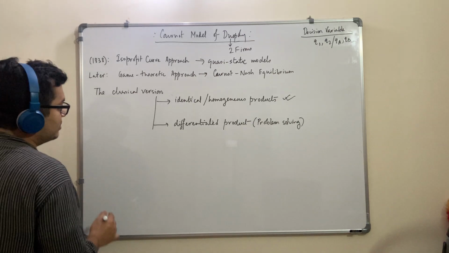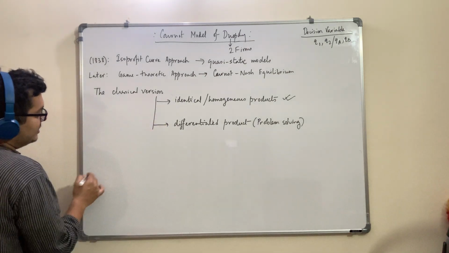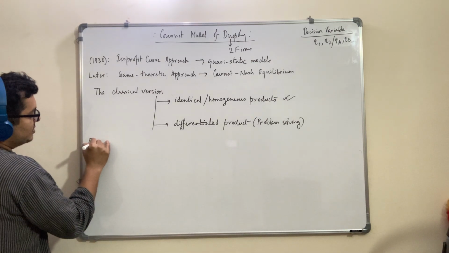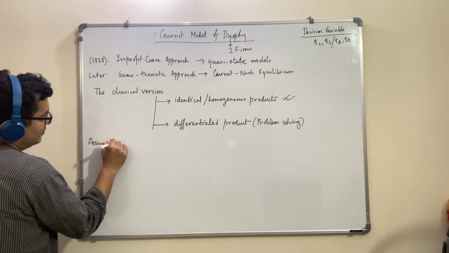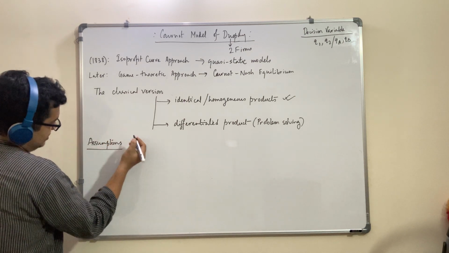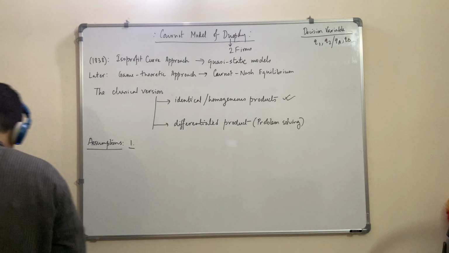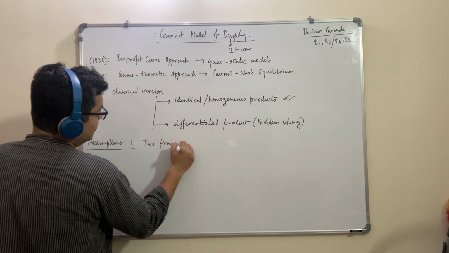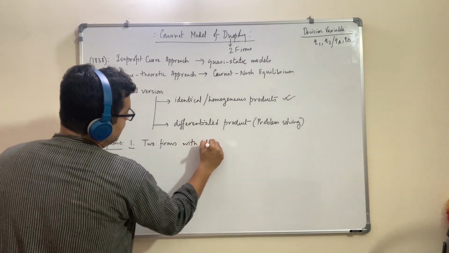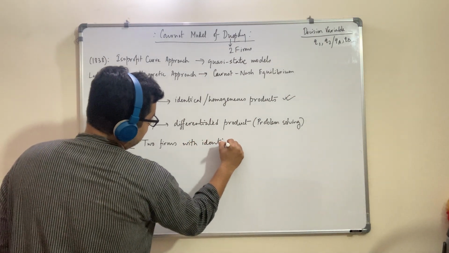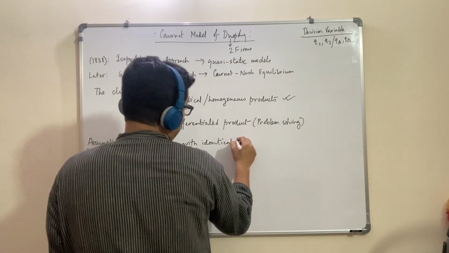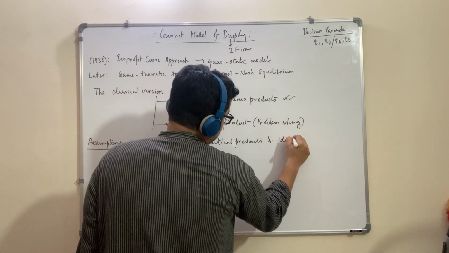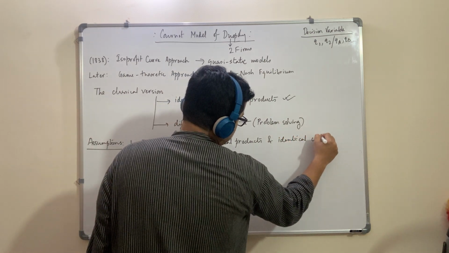So to start with, we'll start with the first one, and now we come to the assumptions of the model. Number one, two firms with identical products and identical cost.